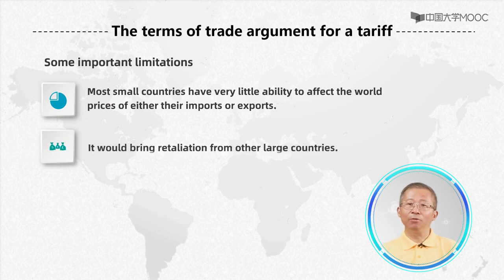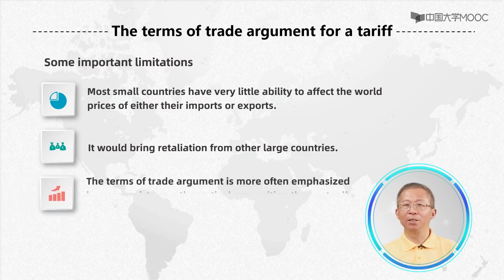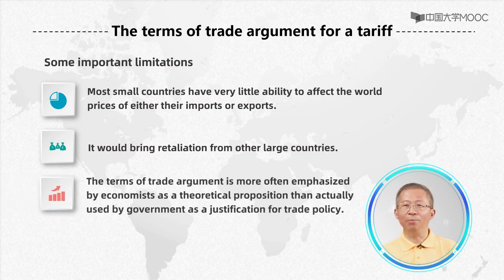Besides, it would bring retaliation from other large countries. In practice, the terms of trade argument is more often emphasized by economists as a theoretical proposition than actually used by government as a justification for trade policy.